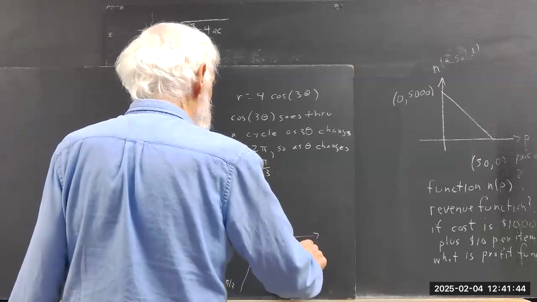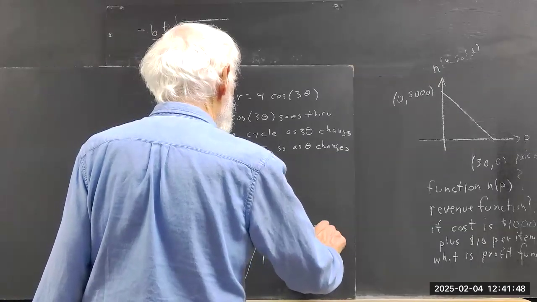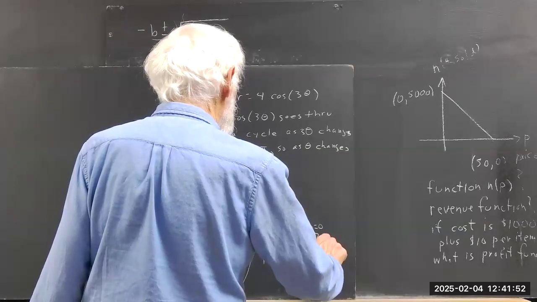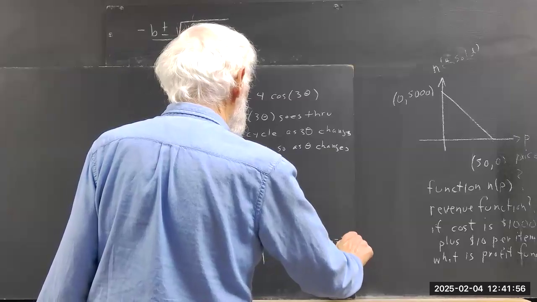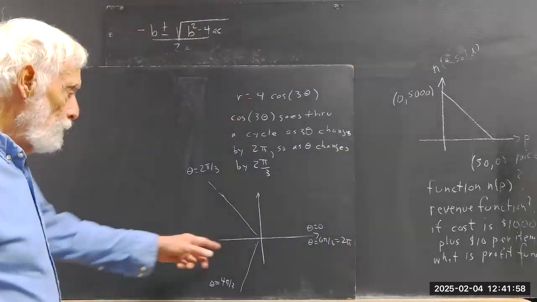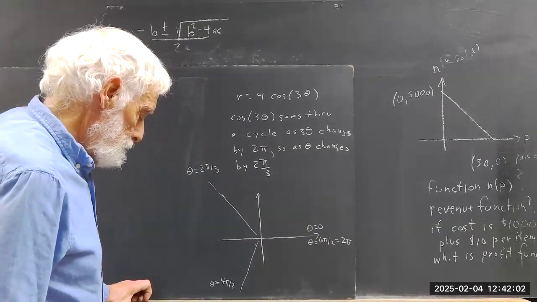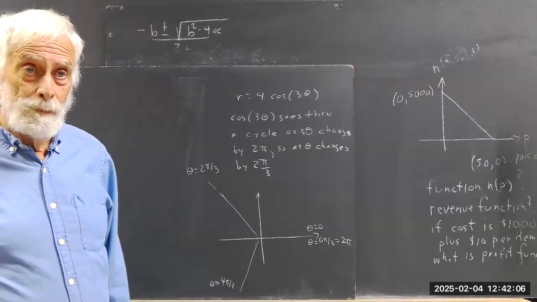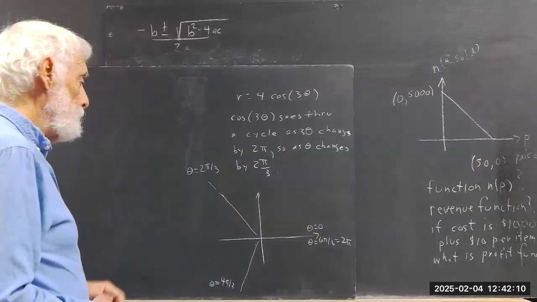And of course, this axis is theta equals 0. 3 theta equals 6 pi over 3, which of course equals 2 pi. Of course, we know this is 2 pi, but we want to note that that's a multiple of 2 pi over 3. I mean, it has to be, but it just kind of brings things full circle.